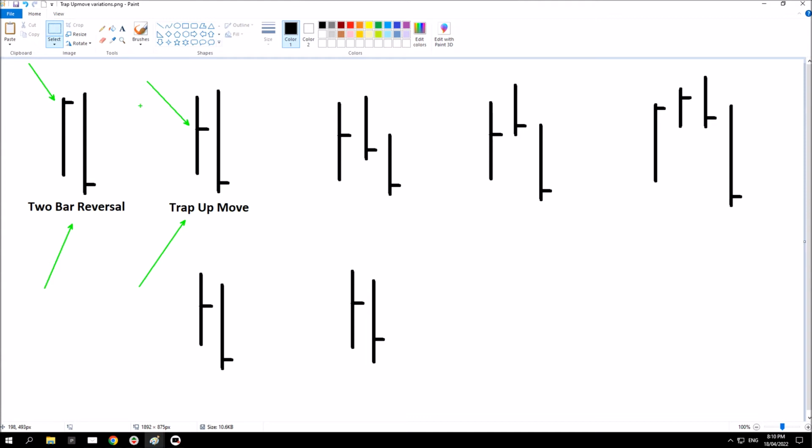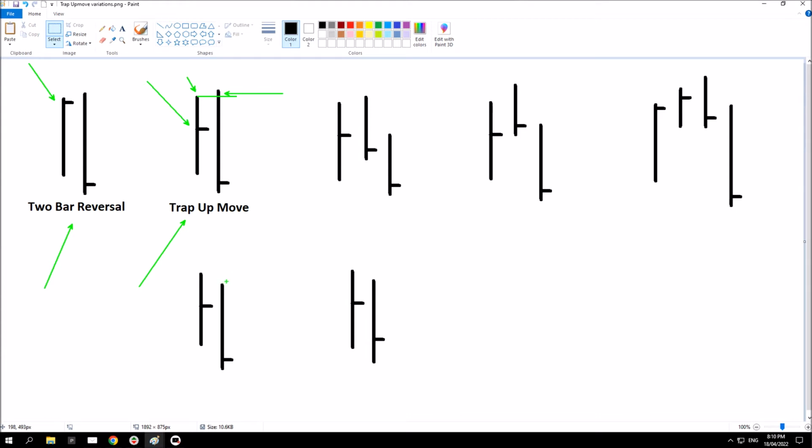The second bar will usually move up initially and challenge the highs of the previous bar. Textbook fashion would suggest that it actually trades slightly above the high of the initial up bar, but that's not always the case.